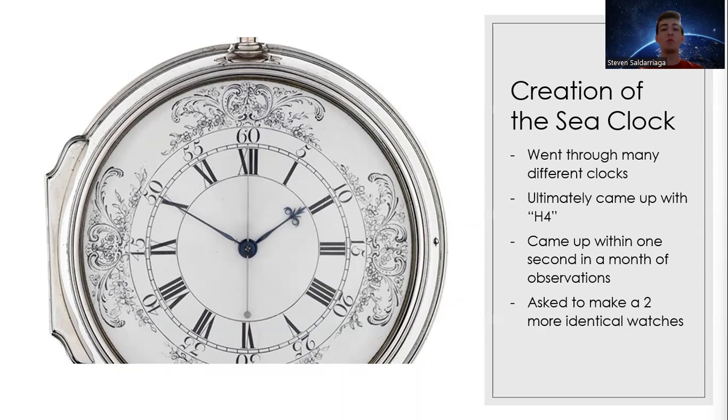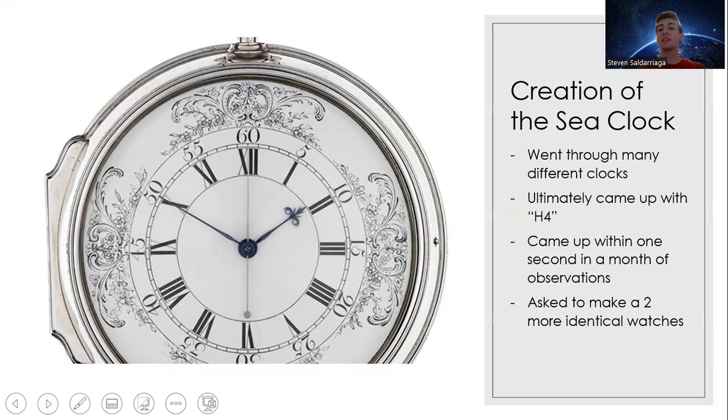Now, he had gone through so many clocks. The reason is the external factors that come while on board a ship. The rocking of the ship would distort the ticks of the clock and the pendulum swing, and the variations of temperature, gravity, and atmospheric pressure would damage the clock and its materials on the long voyages.